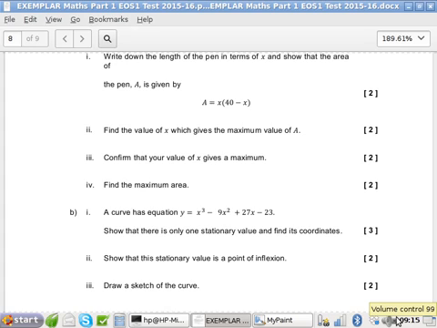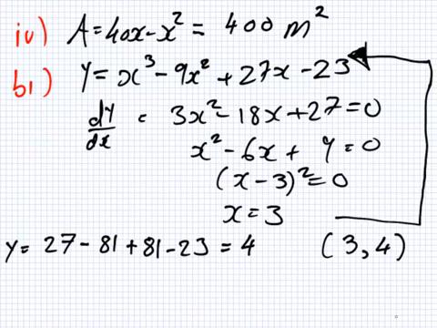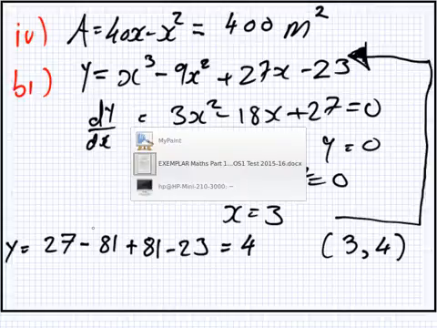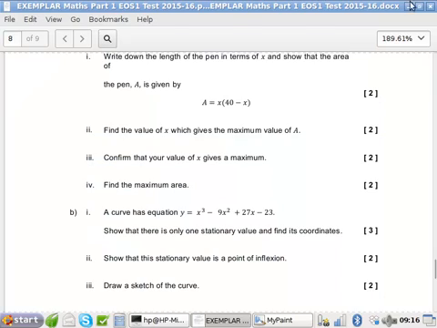Show that it's a point of inflection. I think they made a mistake here.